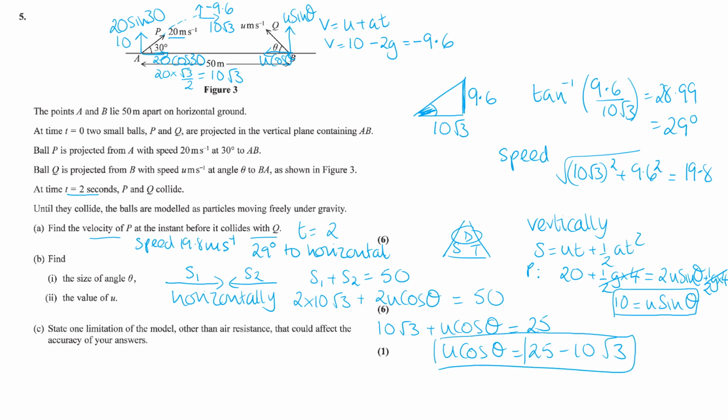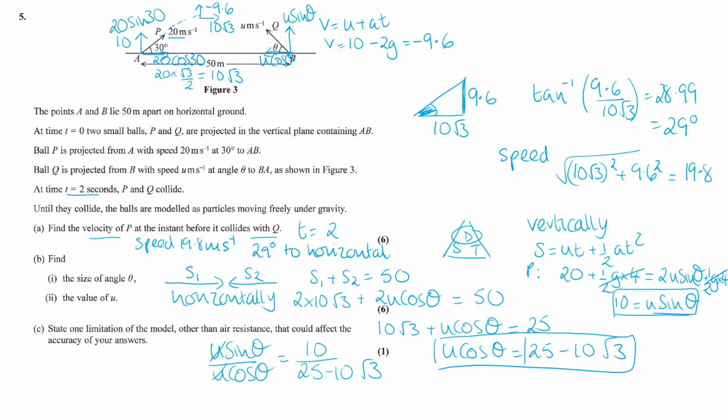And what we can do, because we've got u sine theta and u cos theta, we can say that u sine theta over u cos theta, putting in the relative parts on the other side, is going to be 10 over 25 minus 10 root 3.